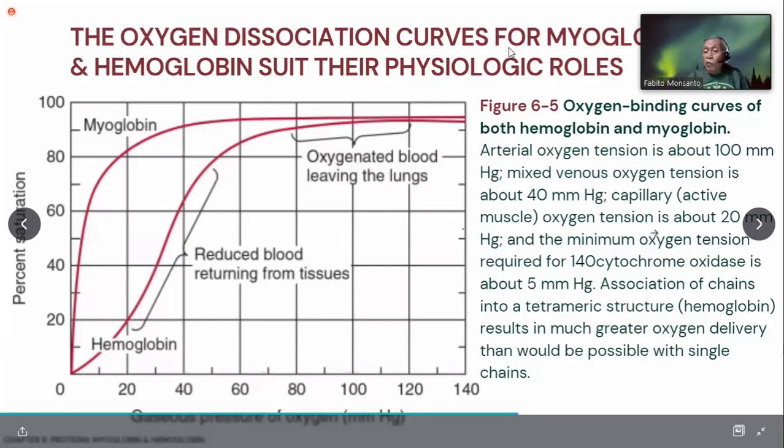And the minimum oxygen tension required for the cytochrome oxidase is about 5 millimeters mercury. So the enzyme requires only 5 millimeters mercury. This is around here, between 0 and 10, that's about 5.